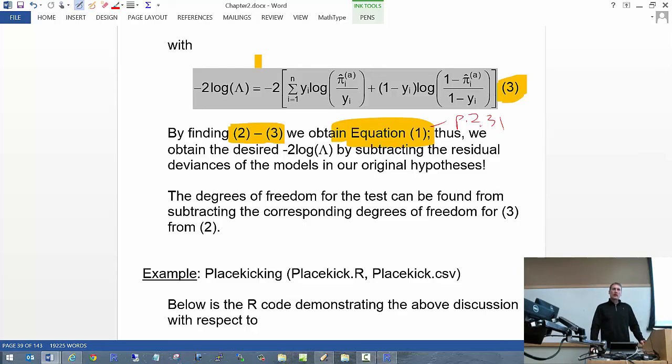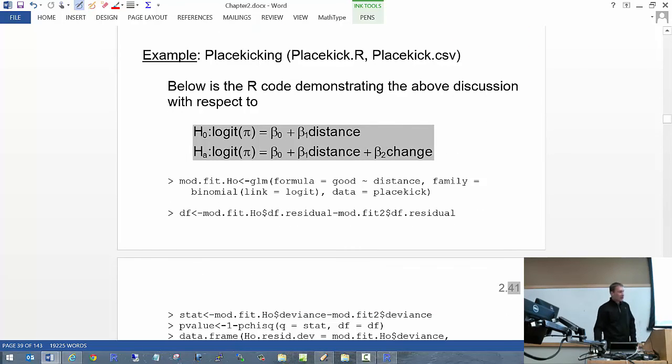And so what this tells you is that you have another way to do the likelihood ratio test of interest. Estimate the null hypothesis model, get the residual deviance. Estimate the alternative hypothesis model, get the residual deviance, subtract the 2, and you get your negative 2 log lambda that's actually of interest to you. So for example, let's say again that I wanted to test these hypotheses.